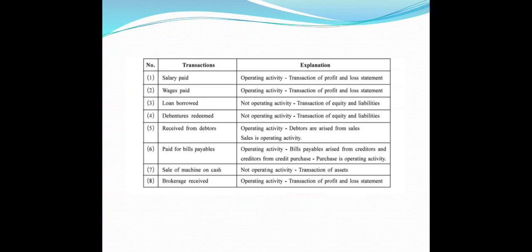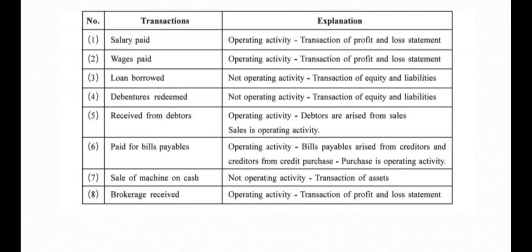Let us take examples and see whether the activity is operating or not. Salary paid: yes, it is an operating activity because it is a transaction of the profit and loss statement. Wages paid is also an operating activity for the same reason. Now loan borrowed. Friends, loan borrowed is not the main activity of business, so it is not an operating activity; it is a transaction of equity and liability.